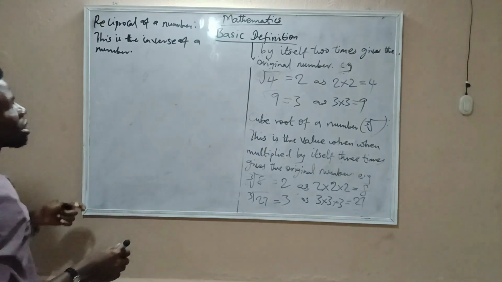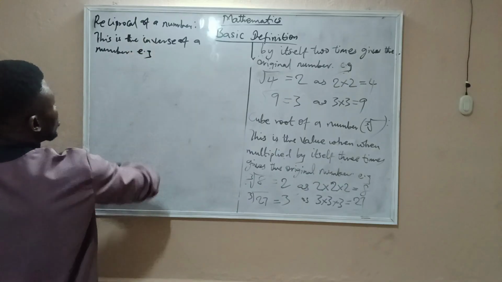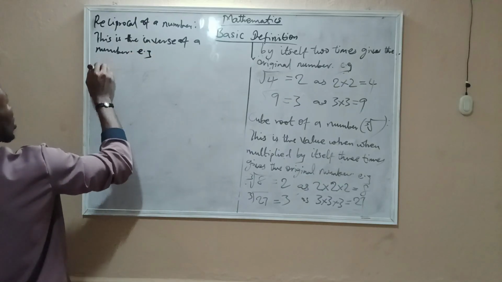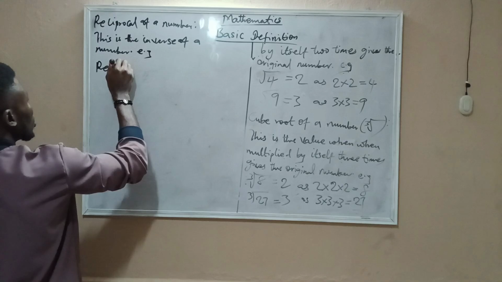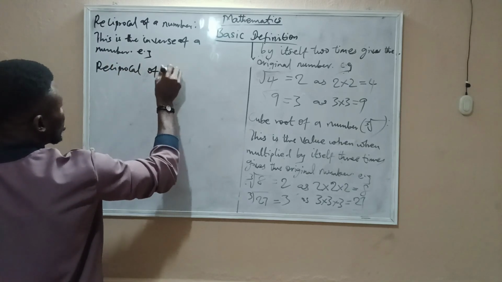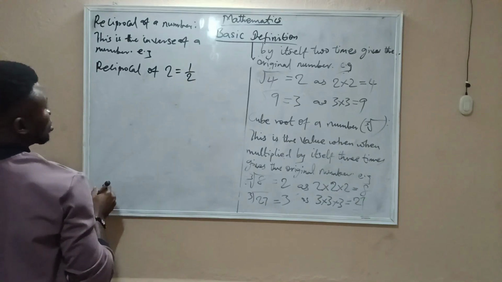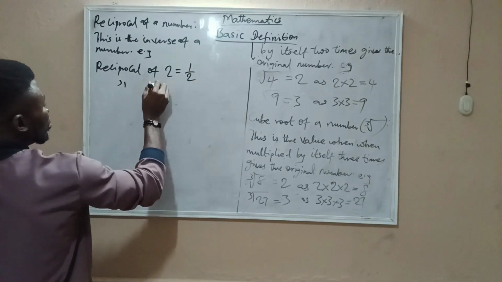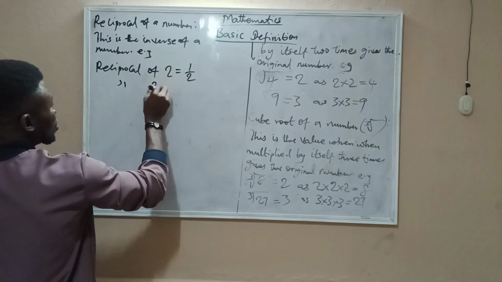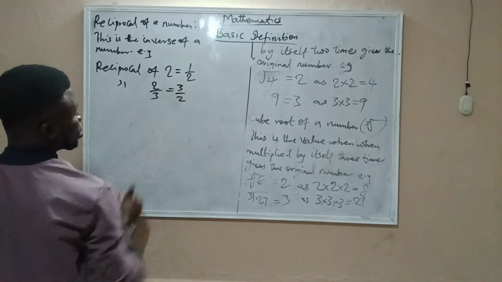Or you can say it is the value when a number is turned upside down. Example, reciprocal of 2 is 1 over 2. Reciprocal of 2 over 3 is 3 over 2.